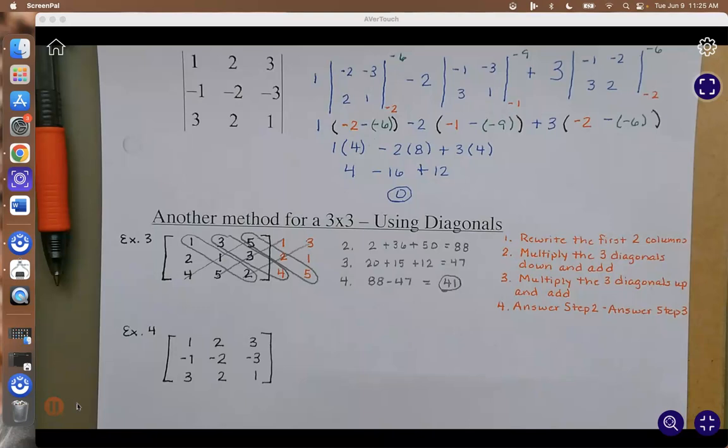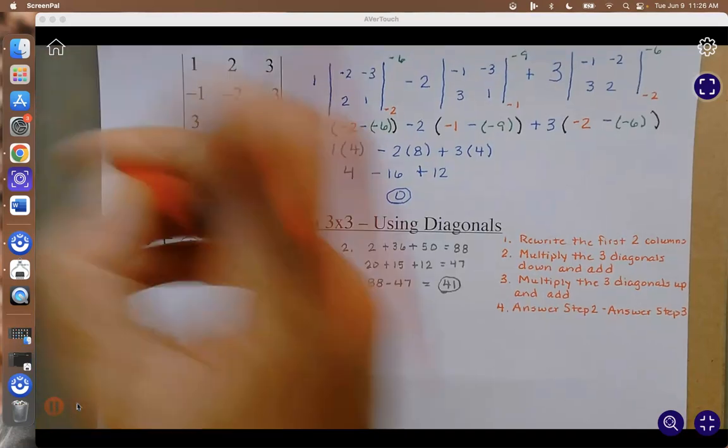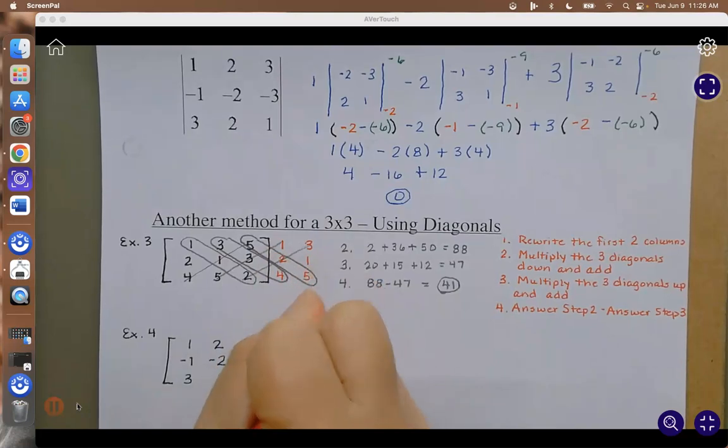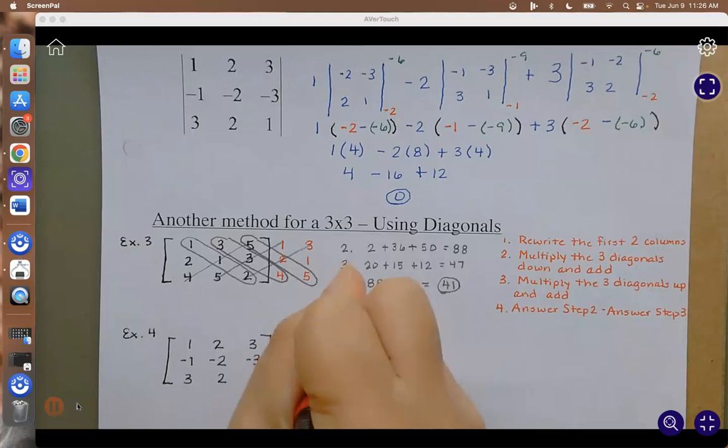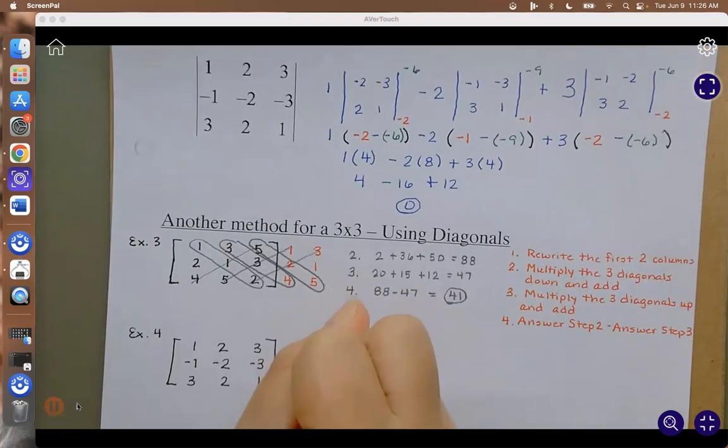Step 1 is to write down the first 2 columns. Okay, so we go 1, -1, 3, 2, -2, 2.